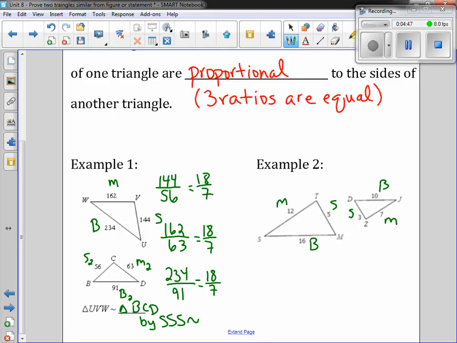So we're going to compare 5 to 3. Well, that can't be simplified, so I'm hoping that the other ones end up being the same values. So then we have 7 to 12, I cannot simplify 7 to 12, and since 5/3 and 7/12 are not the same, then these triangles are not similar.